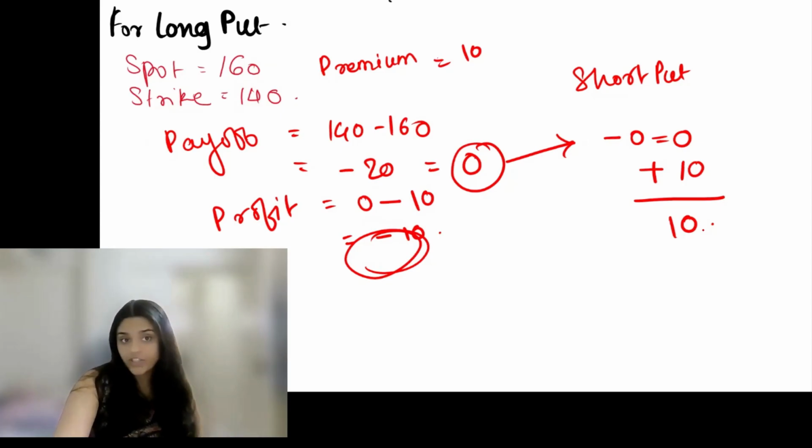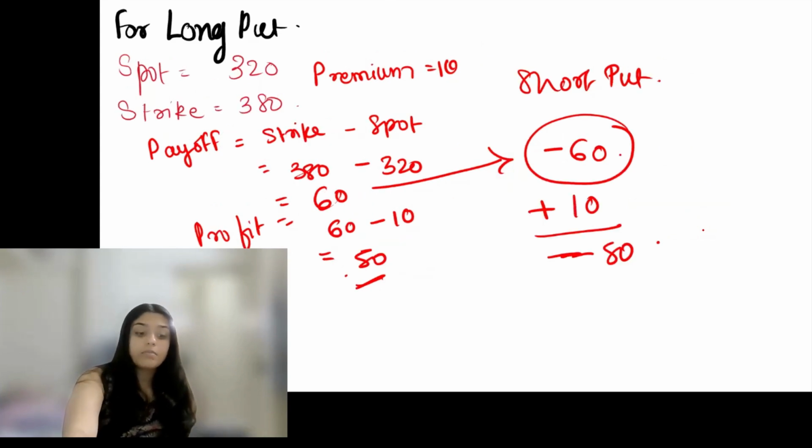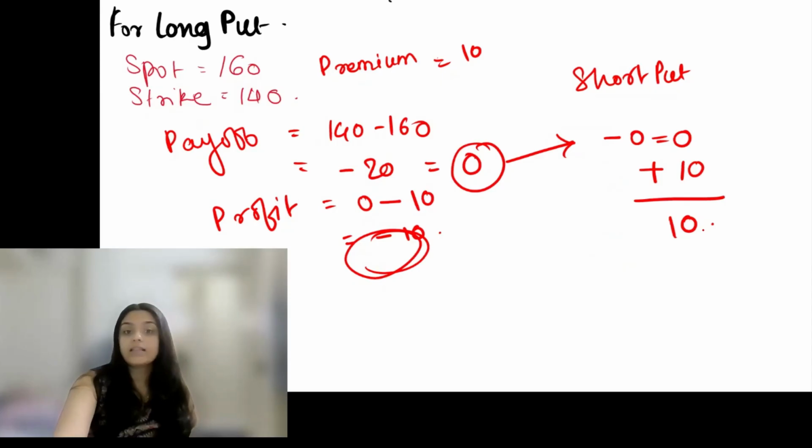From this situation, we understand that the maximum profit a short put position holder will have is the premium he is paid, and the maximum loss the long put position holder will have is the premium he has paid, that is 10 rupees.